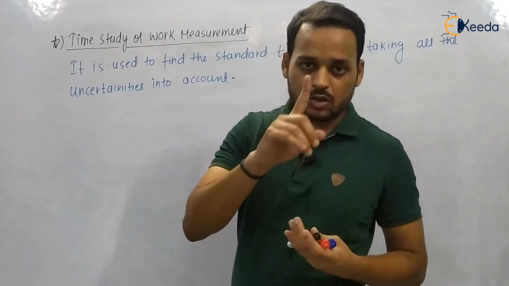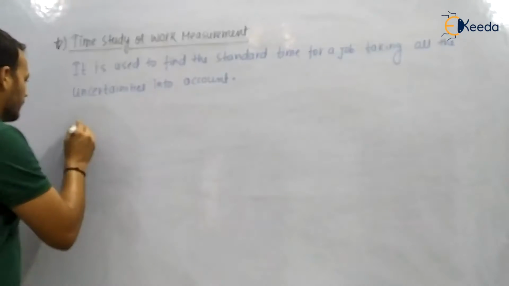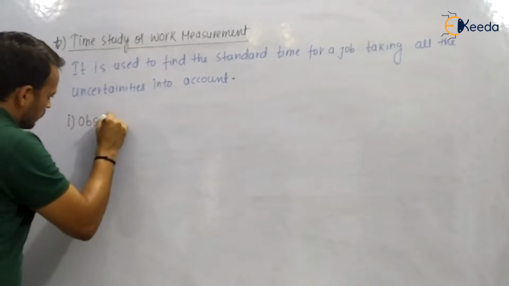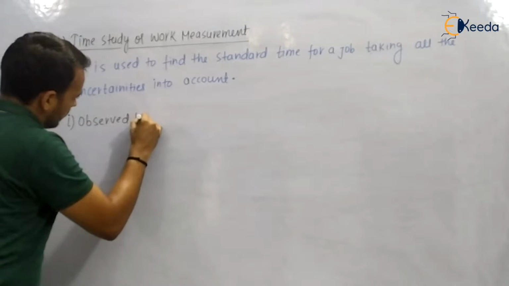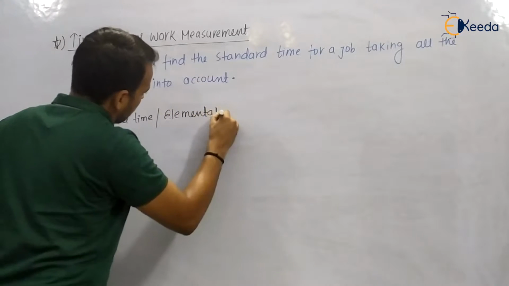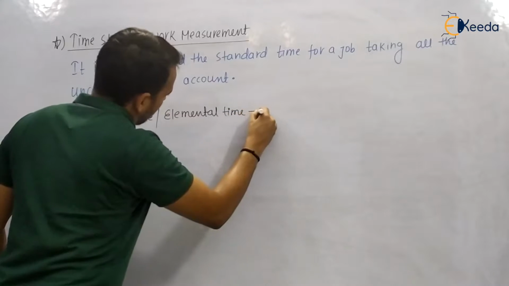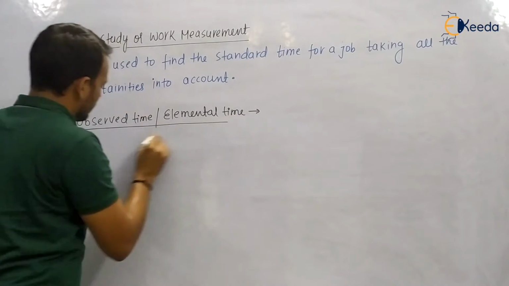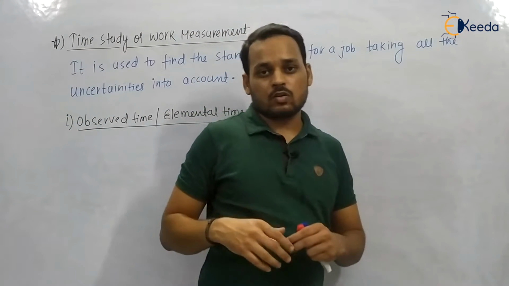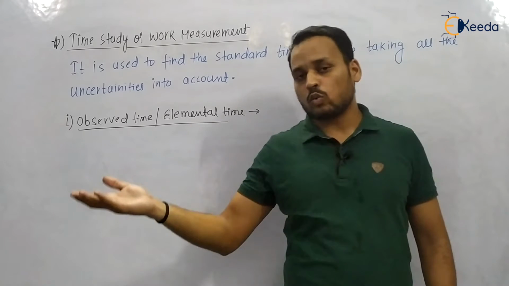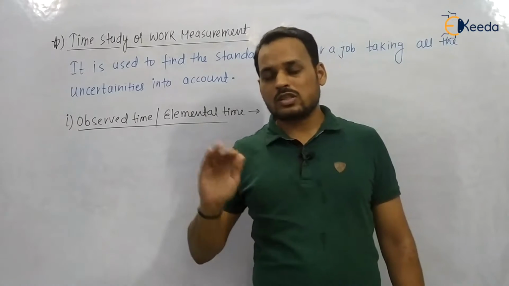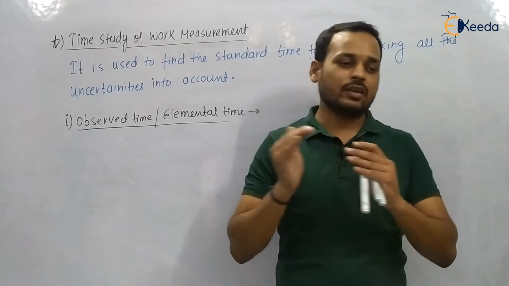The first time is our observed time, also known as elemental time. Suppose a worker is doing the work. How do we calculate the time he is going to require to complete the job?